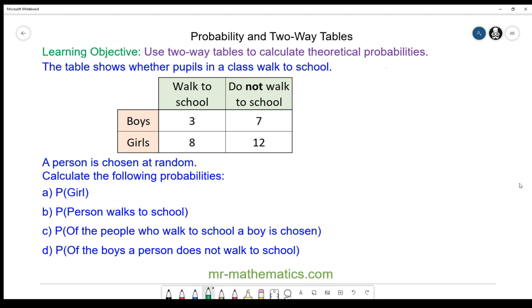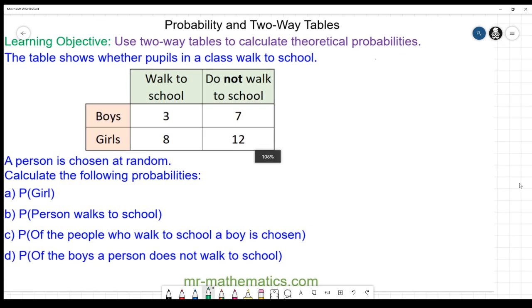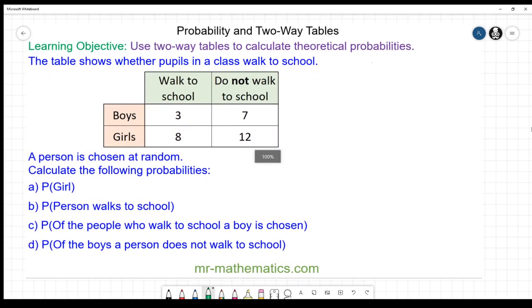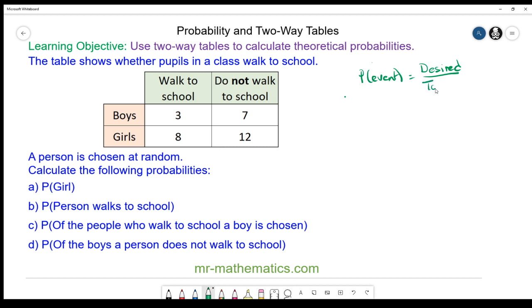All right. So we're going to calculate the probability from two-way tables, and we need to remember how to calculate a probability to begin with. So the probability of an event is found by the number of desired outcomes by the total number of outcomes.